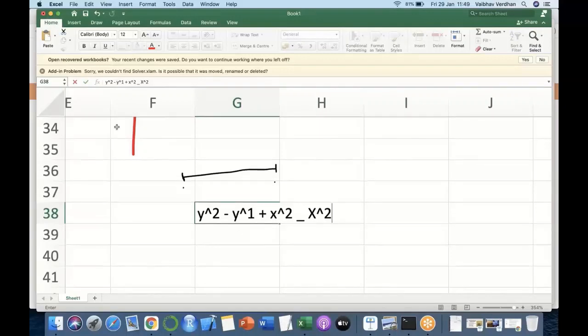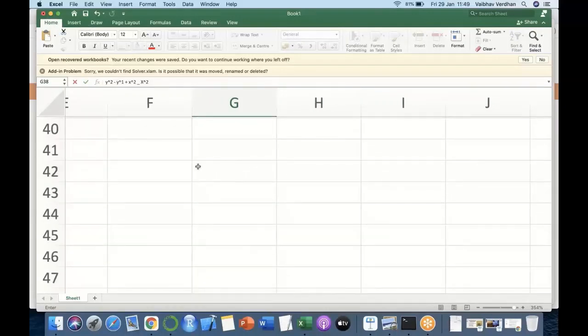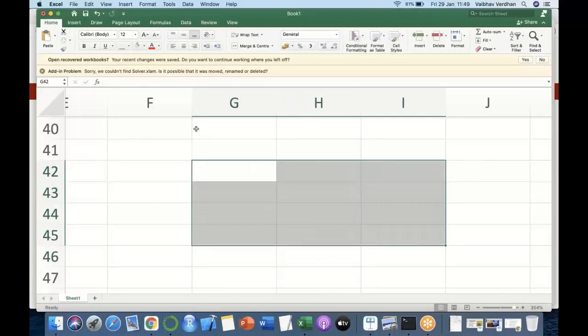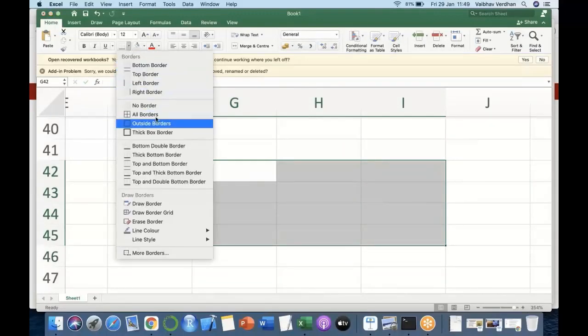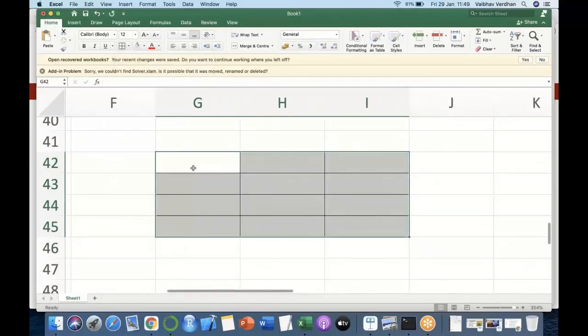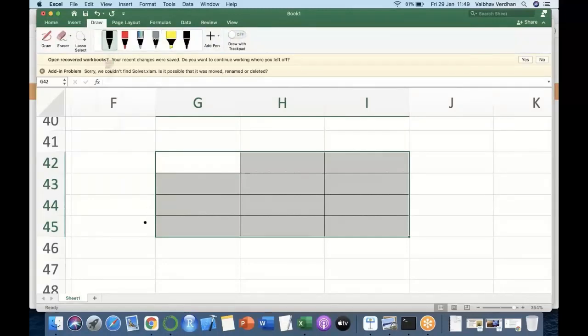There can be a Manhattan distance. Manhattan distance is like this. If they are the points, let's say this is point 1, this is point 2. So Euclidean distance will be like this, straight.